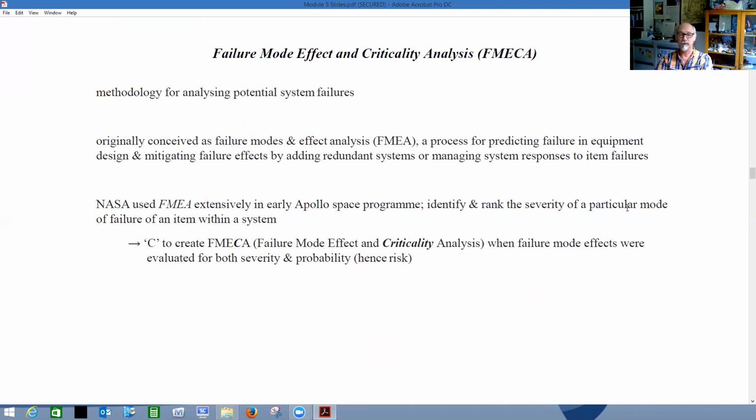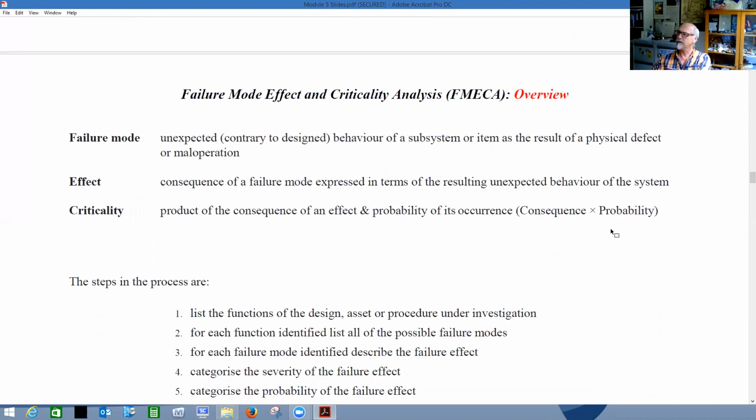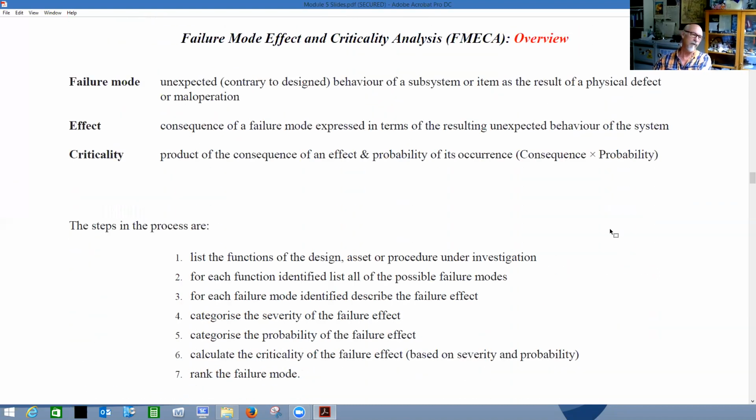So they were able to identify and rank the severity of a particular mode of failure of an item within the system, and that's where this criticality came in. So basically it then became fail mode, effect, and criticality analysis. And again, as you go about looking at that, we can start defining really what we're talking about.